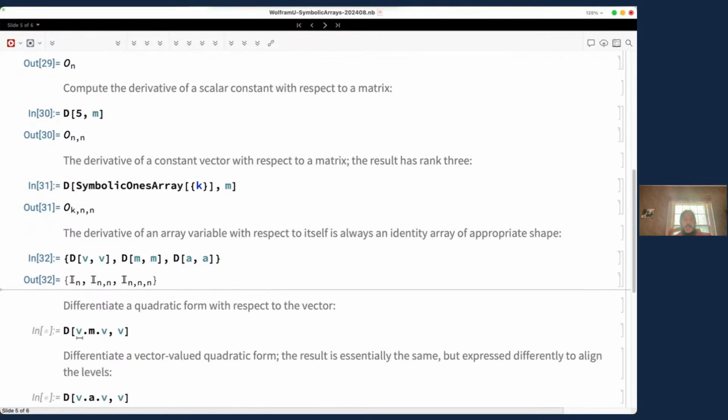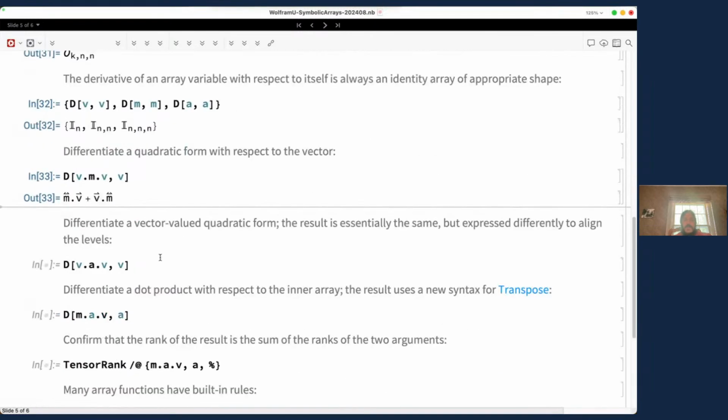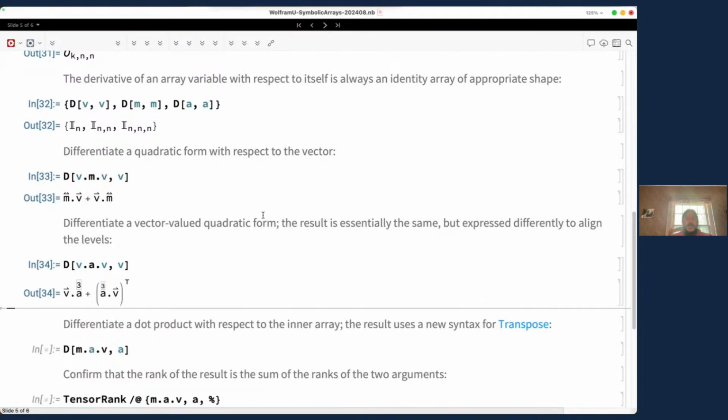So let's differentiate a quadratic form v.m.v, and we get m.v plus v.m. If we did that with a vector valued quadratic form, we get essentially the same thing, only we express it using an explicit transpose.